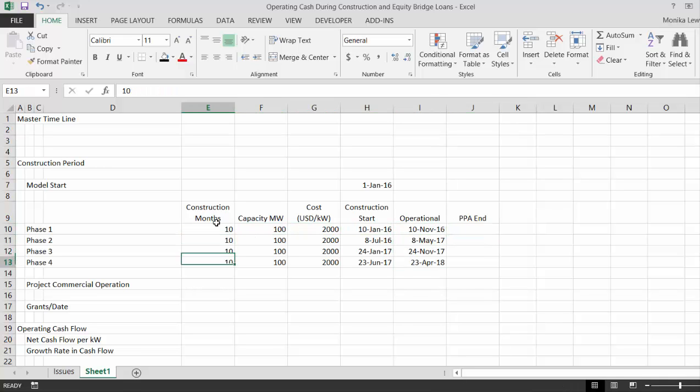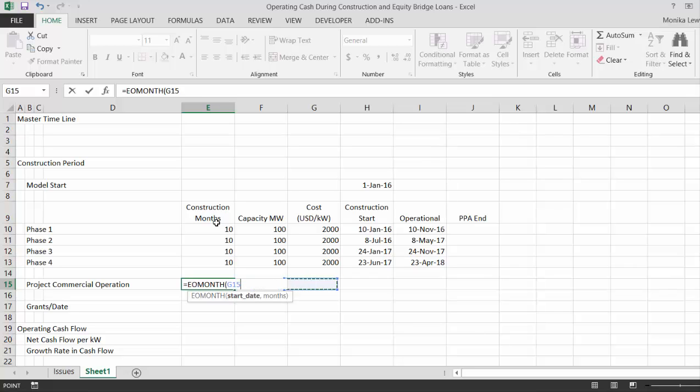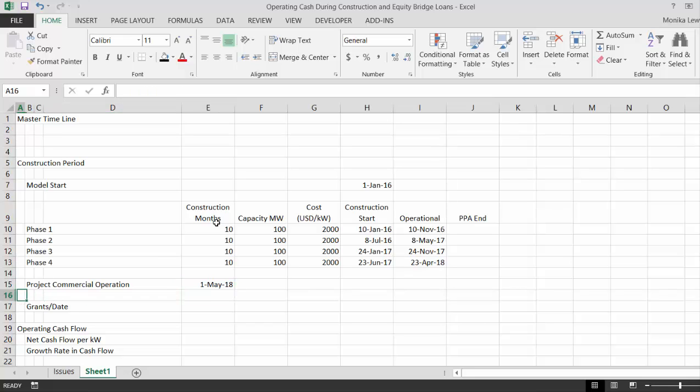Now let's say the project commercial operation date is the EO month of the last operational turbine. Shift Control 3, and let's just add one day to it. So that's our defined project operational date.